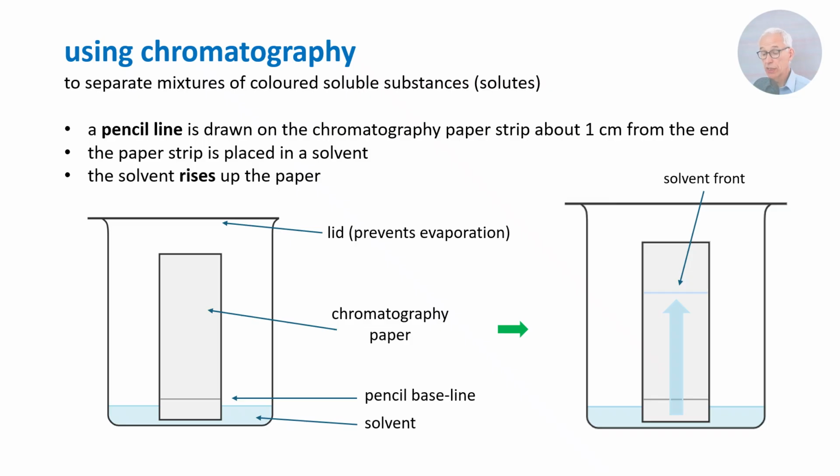The point at which the solvent reaches is called the solvent front, and we generally stop the formation of a chromatogram when the solvent front reaches near to the top of the chromatography paper.